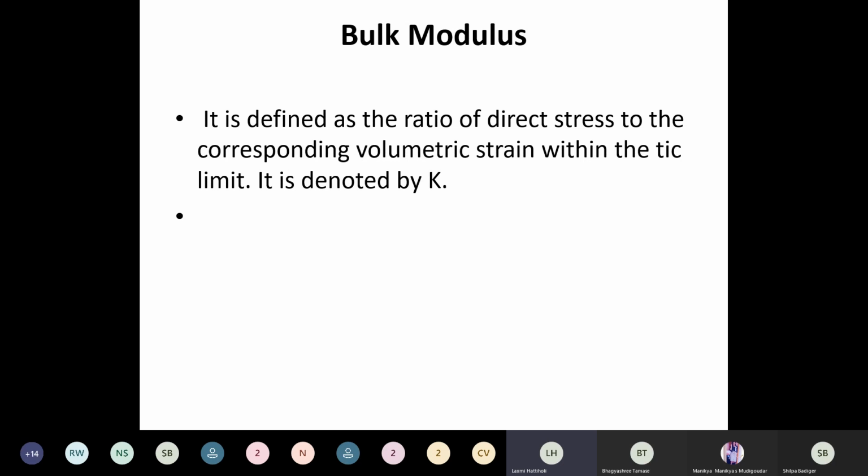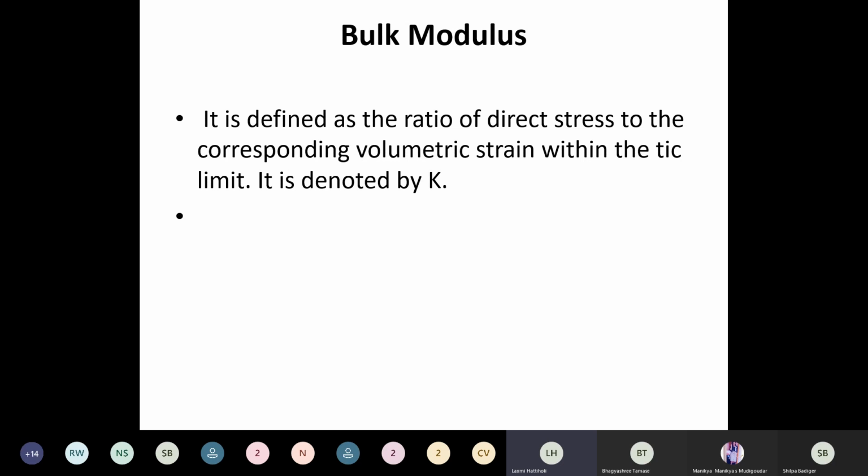What is volumetric strain? Strain, you know the definition of strain. Now it is simply volumetric strain. So change in volume divided by original volume. That is volumetric strain. So usually we denote it as EV or epsilon V. See, volume in the sense in all the three directions there should be change in dimension, correct? Then the volume changes.